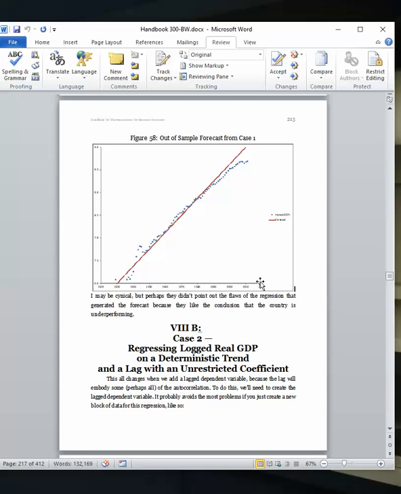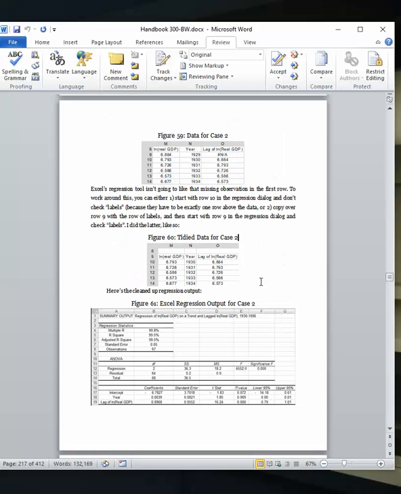In case 2, what I do is add a lag dependent variable to the model. So we have a deterministic trend in there, that just means a sequence of integers, and a lagged dependent variable.